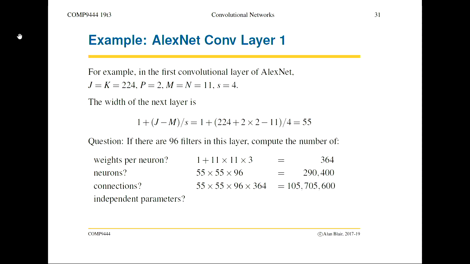So we're getting up to a serious sized network here, 105 million connections. But the number of independent parameters is much lower, about 35,000, because the neurons in every filter share the same 364 weights, and there are 96 filters. Okay. Any questions about this?